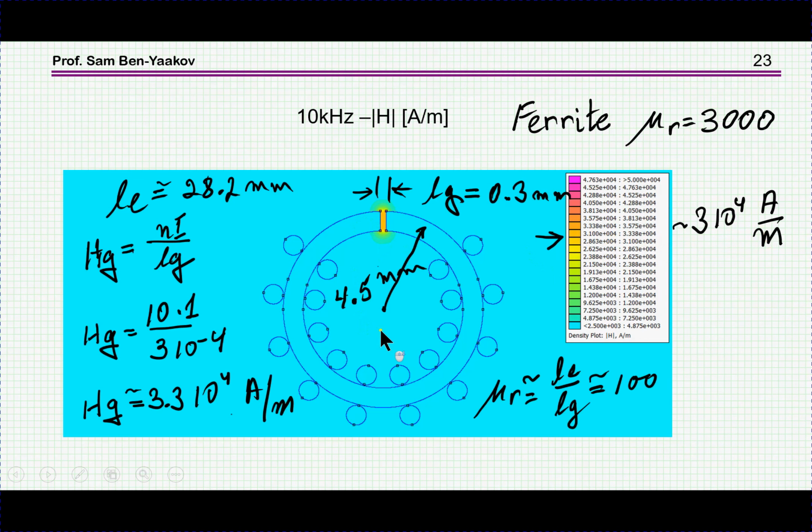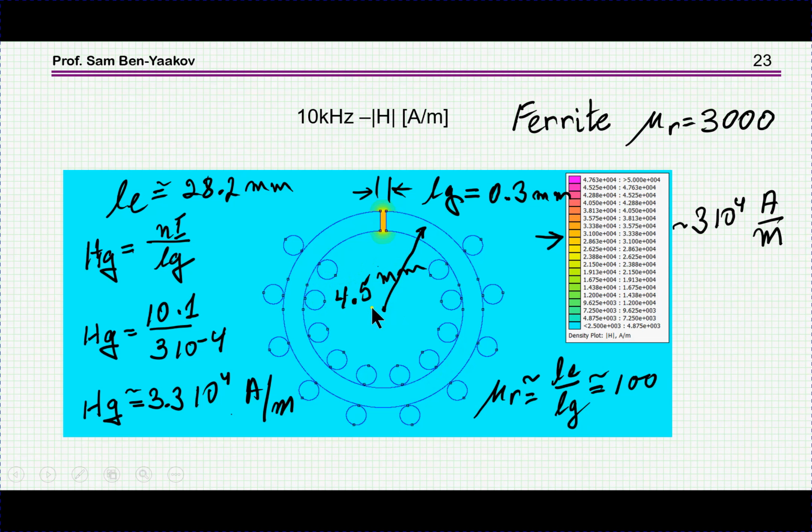Okay, so let's do some calculation to see if we can come up with this number, or whether what we find here is consistent with the actual analytical calculation. So we have a case here in which we have a ferrite core.